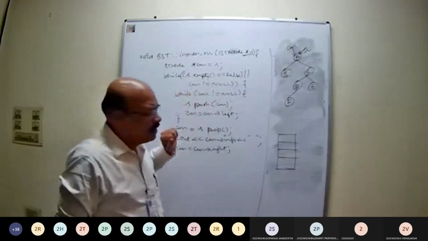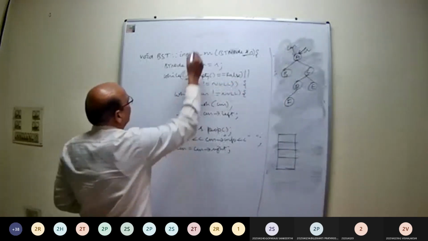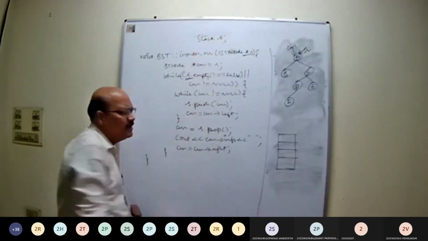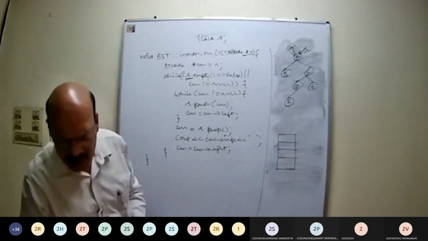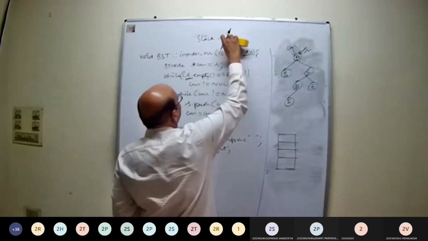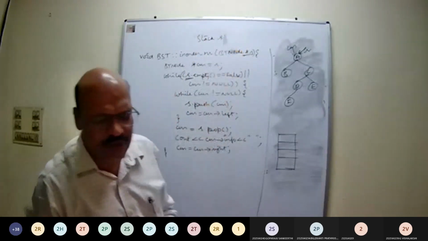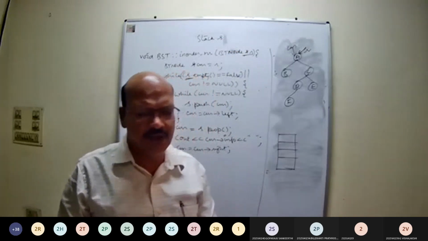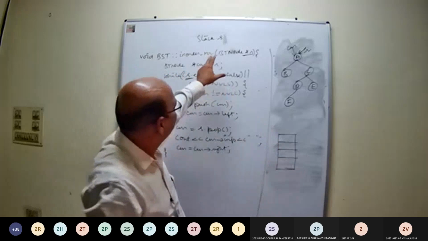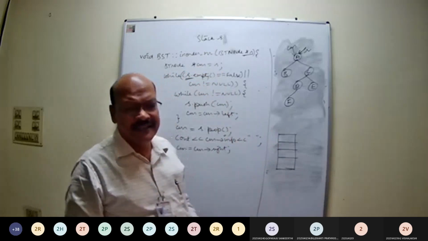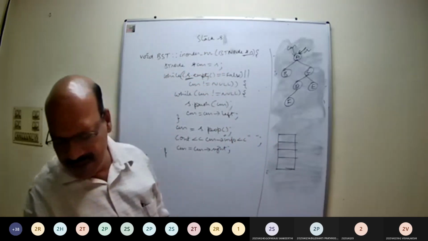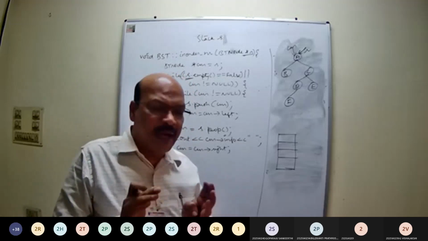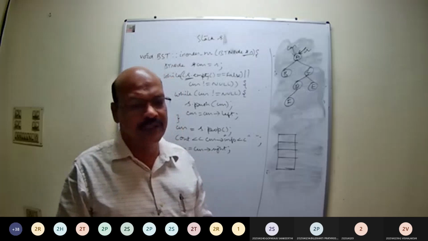S is a stack object. You already have to create a stack class; for this, I'm creating an object. If you simply copy the stack linked list program or stack using array program here, when you are creating a stack object, you have to create it in such a way that it should store binary tree nodes.